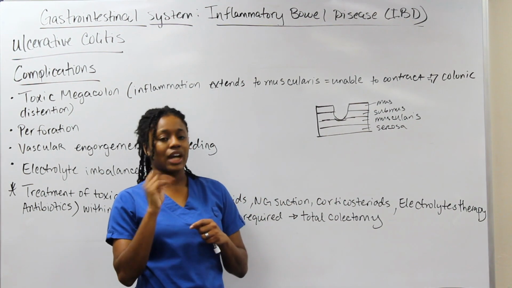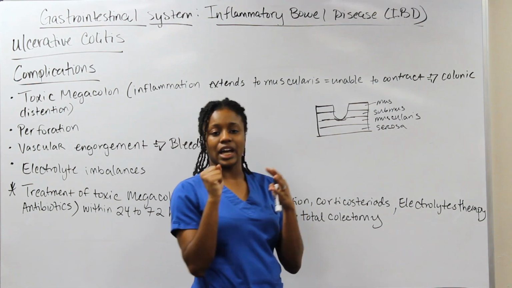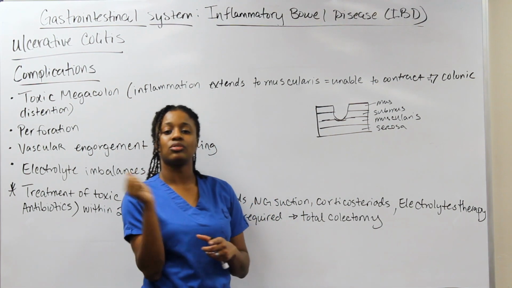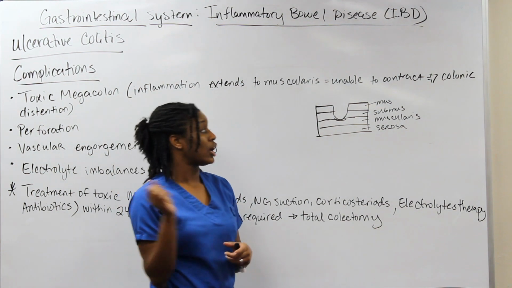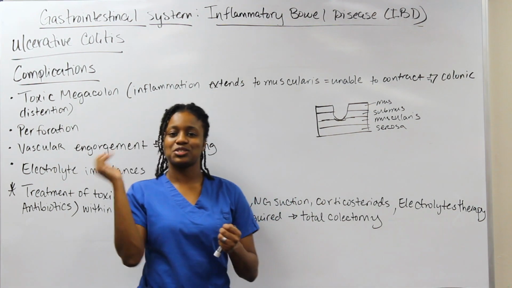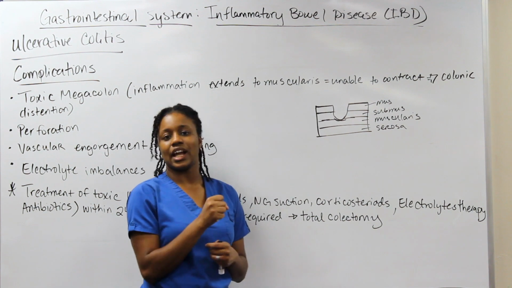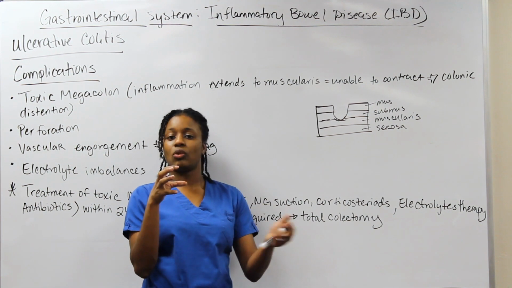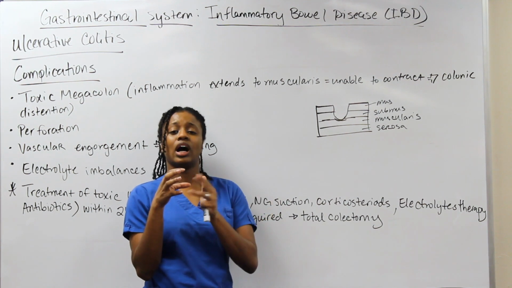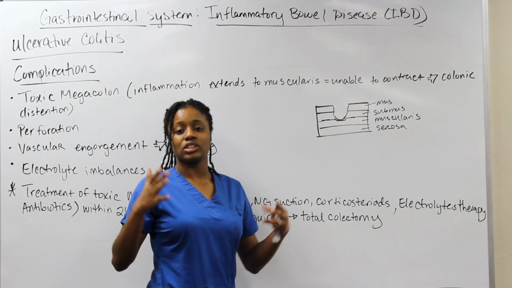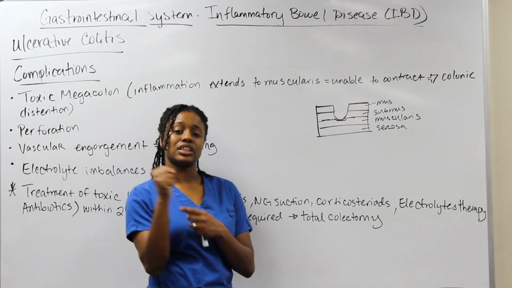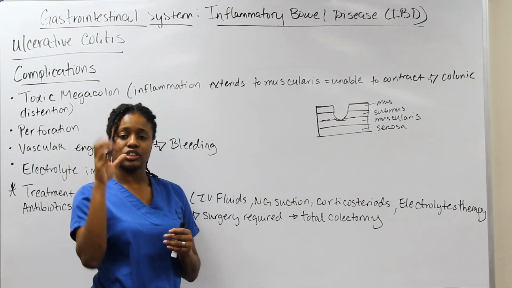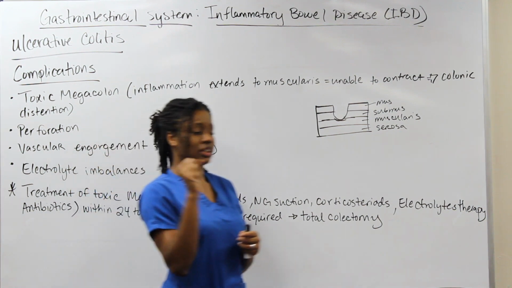So instead of it being able to move and pass the stool through, because we're talking about the colon here, that contraction does not happen. So it just stays like that. And when that happens the colon starts to get distended because there's nothing to help push and facilitate.